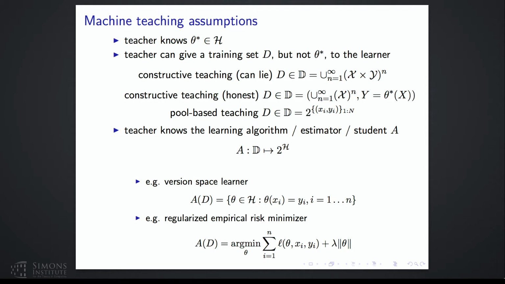Furthermore, we're going to assume that the teacher knows everything about the learning algorithm. So I'm going to use A for that learning algorithm. Now, the way I'd like to think of a learning algorithm is to think of it, at least for deterministic algorithms, as a function mapping from a training set to a concept, or rather in this case, a subset of concepts.